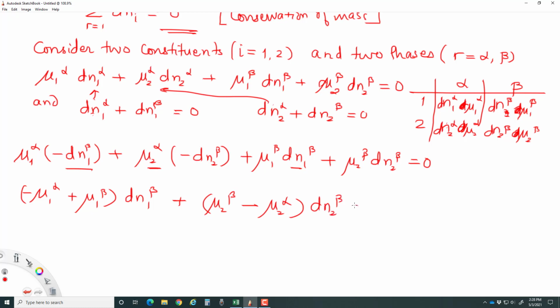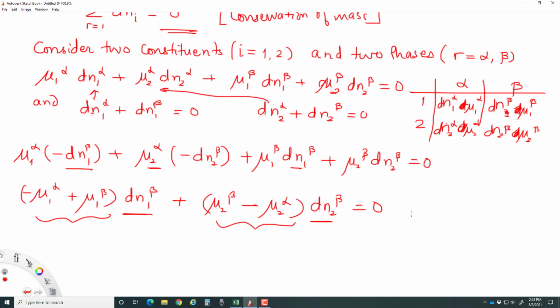Now dn1 and dn2 are independent quantities, they are different constituents, so the coefficient of those independent variables must be independently 0, if that entire thing is 0.